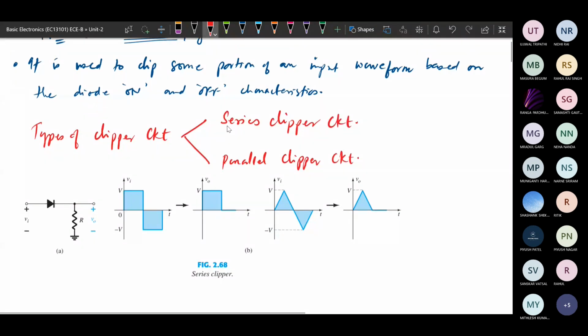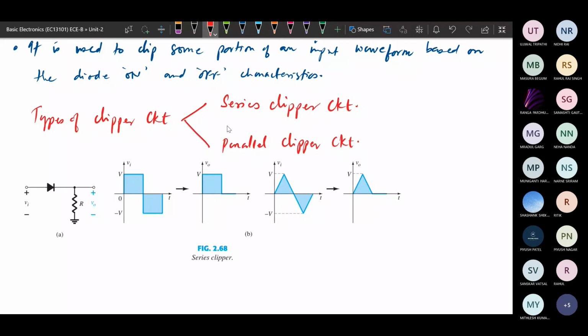Series means we have the diode in series with the load resistance, so there is a diode and an output load resistance.